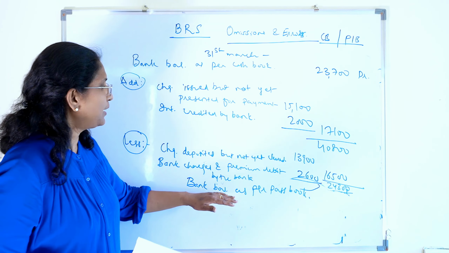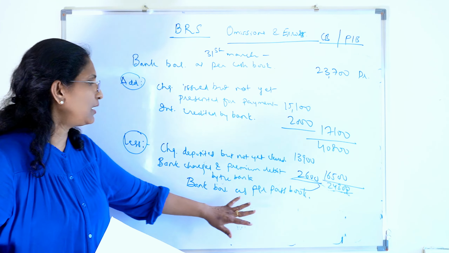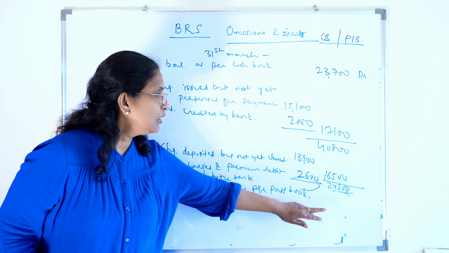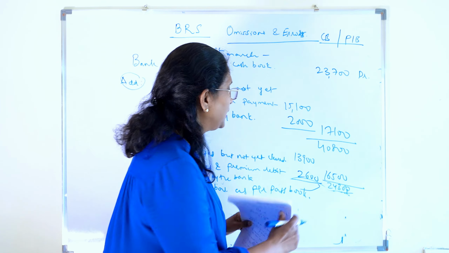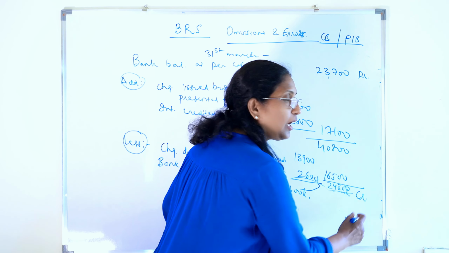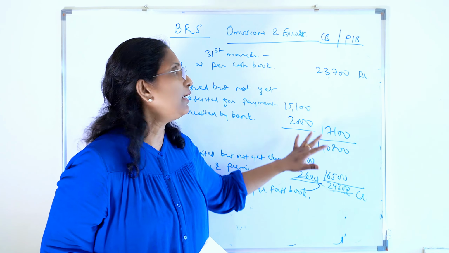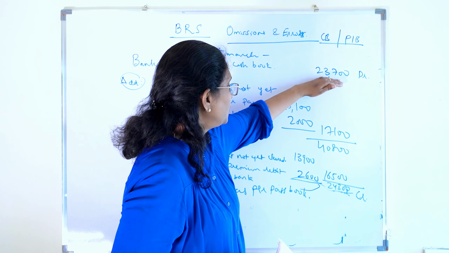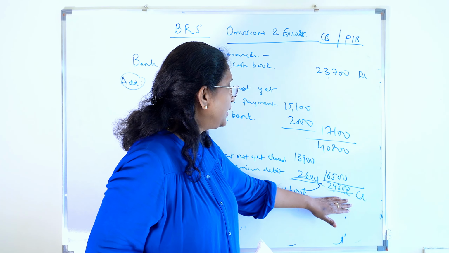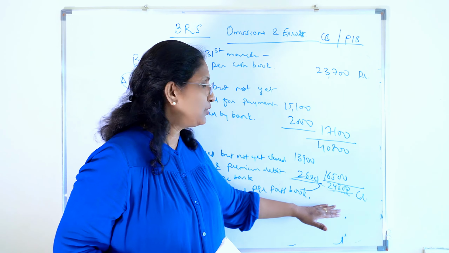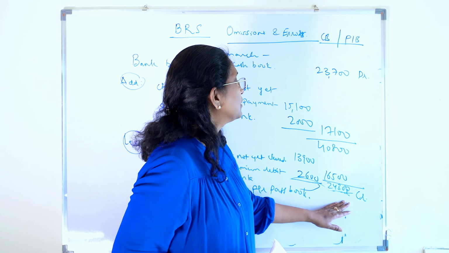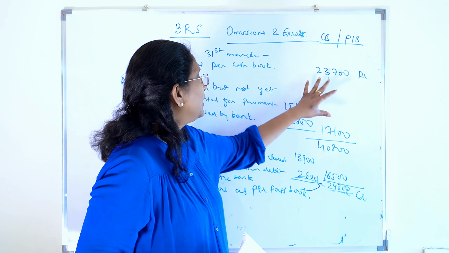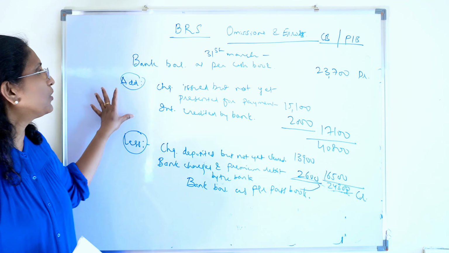The next video will try to understand how, if a passbook is the starting point, for example 24,300, how you will be arriving. Now this is 24,300. I told you both are having a favorable balance. So you started with 23,700 and you ended with, when the bank statement you can see, they have given a bank balance as per passbook, that is 24,300, and we try to figure out actually what has happened.